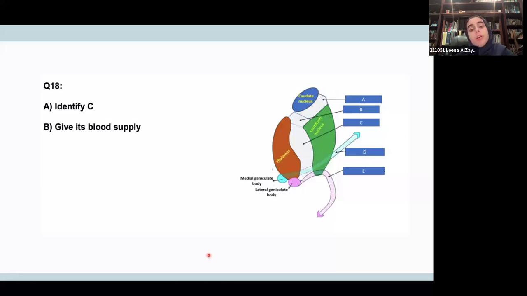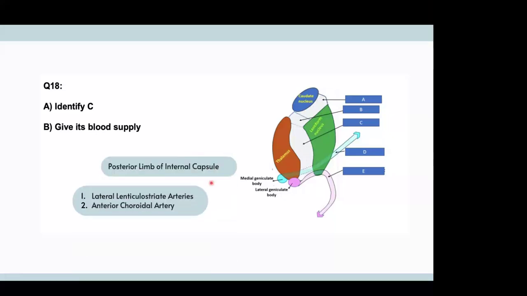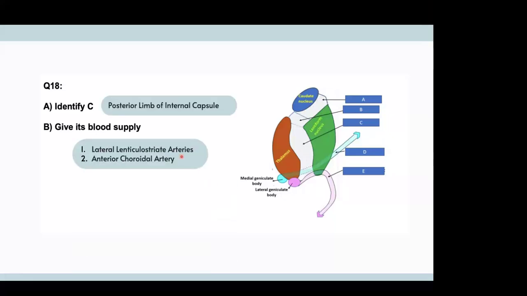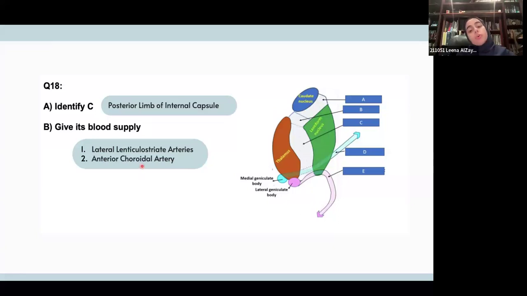And what is the blood supply? Lenticulostriate artery. Yeah, and or the anterior choroidal artery, or both of them. So this is the blood supply: lateral lenticulostriate artery and the anterior choroidal artery. For identifying, this is the posterior limb, this is the genu, and this is the anterior limb.